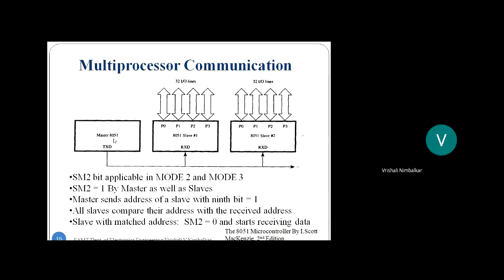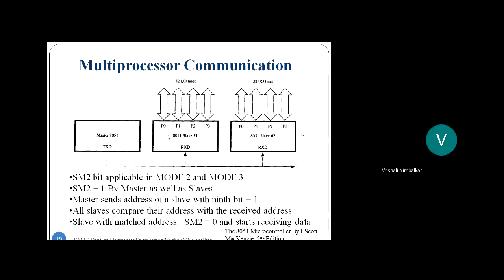So TXD of the master microcontroller will be connected to all the RXDs, the receiver pins of all the slaves. Okay. And now how does the communication happen in multiprocessor communication? See here.